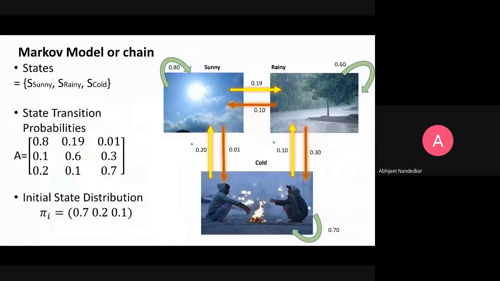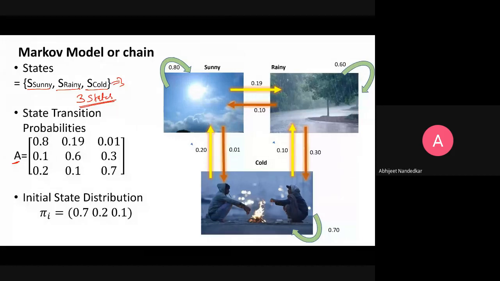Now, when I want to define a Markov model, I need to define states. For our problem of sunny, rainy and cold, the states are S sunny, S rainy, and S cold. These are the three states of my problem. Then I have a probability matrix called the A matrix. This is a standard practice, to write A for transition probabilities.